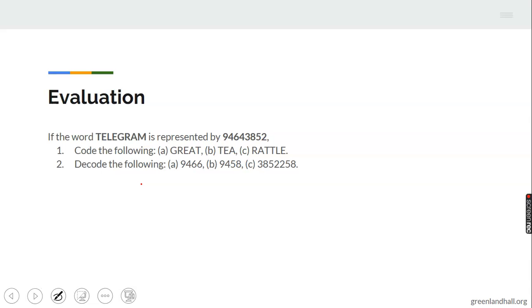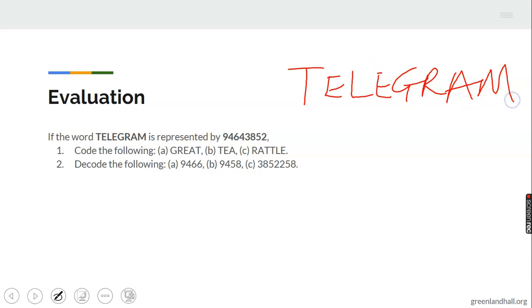Now, if the word telegram is represented by this number, which is 94643852, then you have to code, that is change it. How can you be very smart about this? Let me tell you. Write the word out, telegram, so that you don't make a mistake. That's why you must write it out.